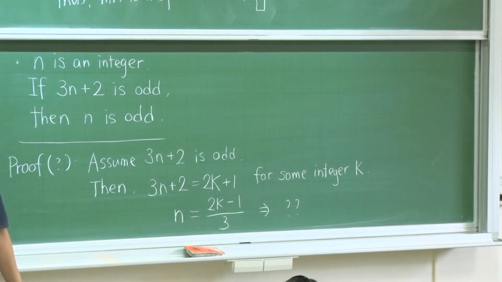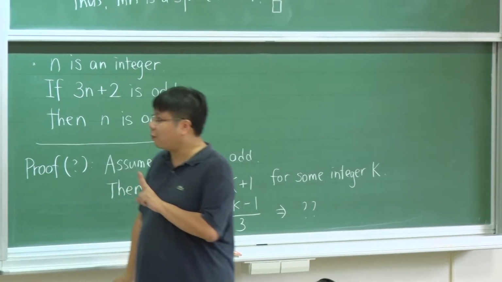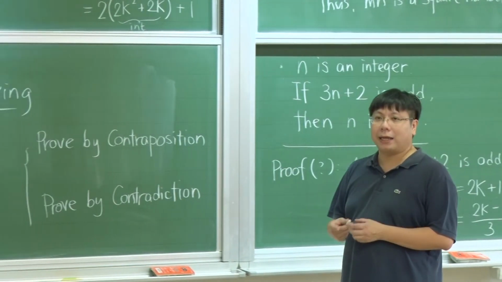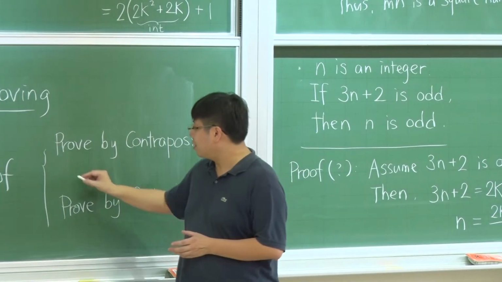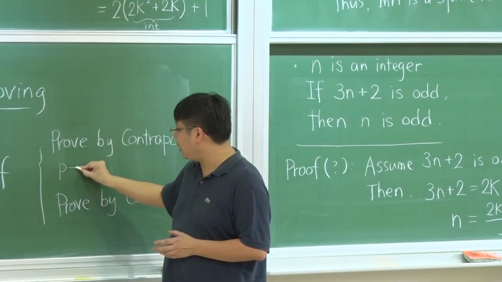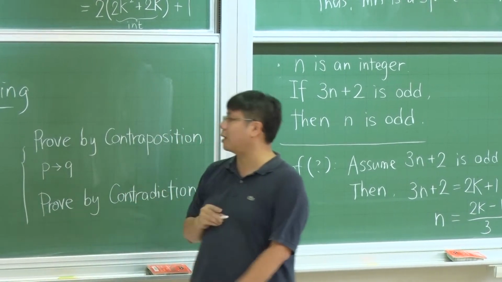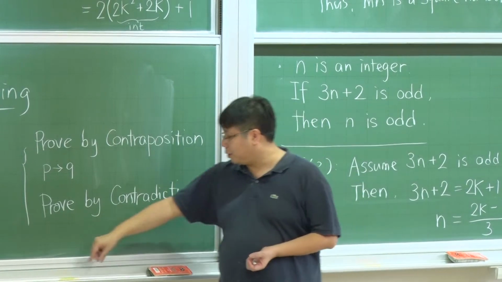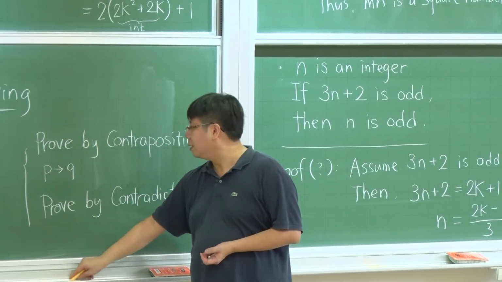In indirect proof, there are two different ways. One is proof by contraposition. Contraposition is where we try to prove P implies Q, but then we use the equivalence.